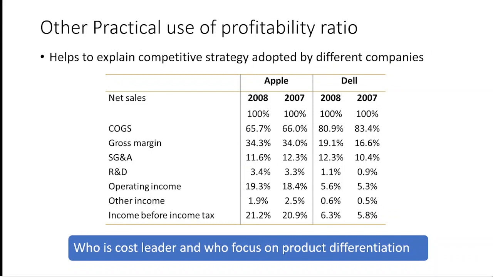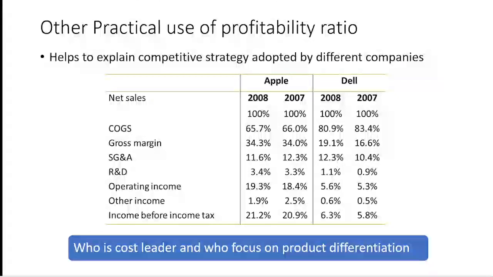On R&D, Apple is spending much more than Dell. It's almost three times if you compare against the percentage of revenue, right? Because you can tell Apple is a product differentiation company, Dell is more of a cost leader. So their research and development is more about generating efficiencies within their products compared to product differentiation.